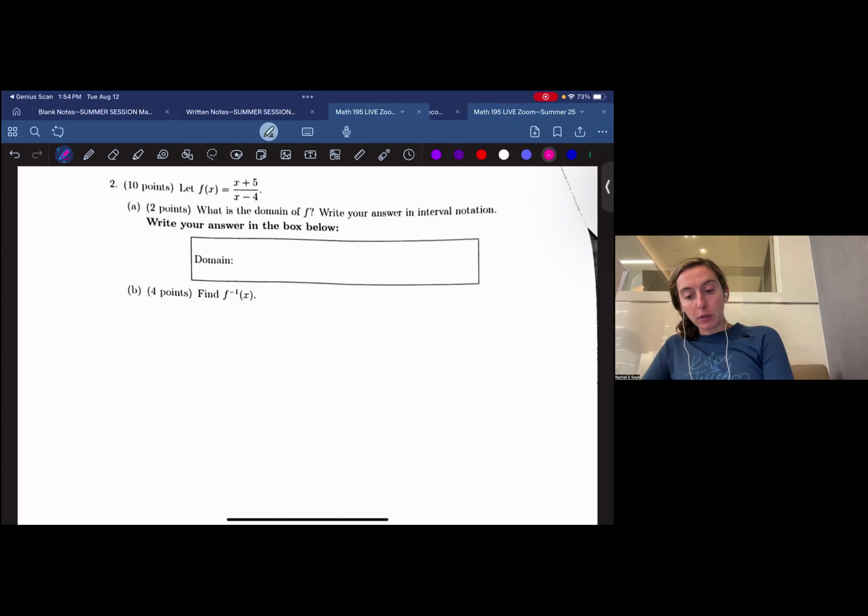Okay, so do we have a fraction here? We do, which means that our denominator cannot equal 0.